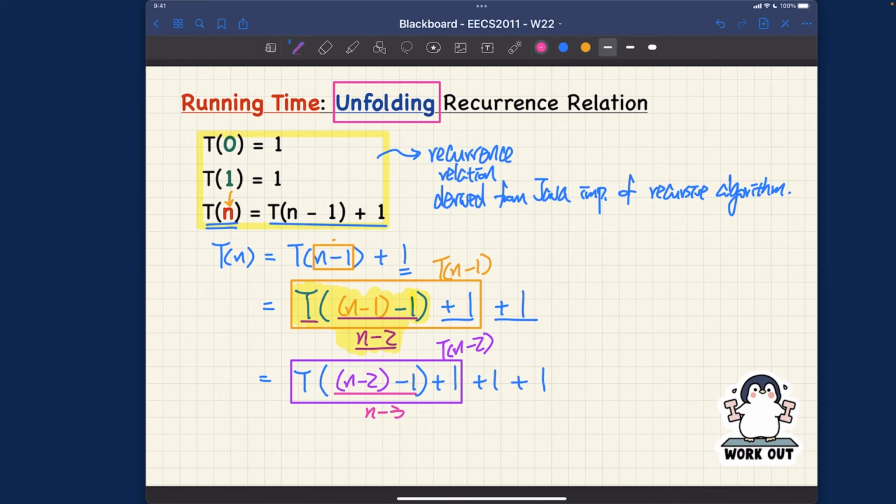Because eventually, we can definitely keep unfolding this indefinitely. But our goal is we really want to see how many times we really have to unfold like this until we can actually reach the base case. For example, this particular base case, we want to know that, right?